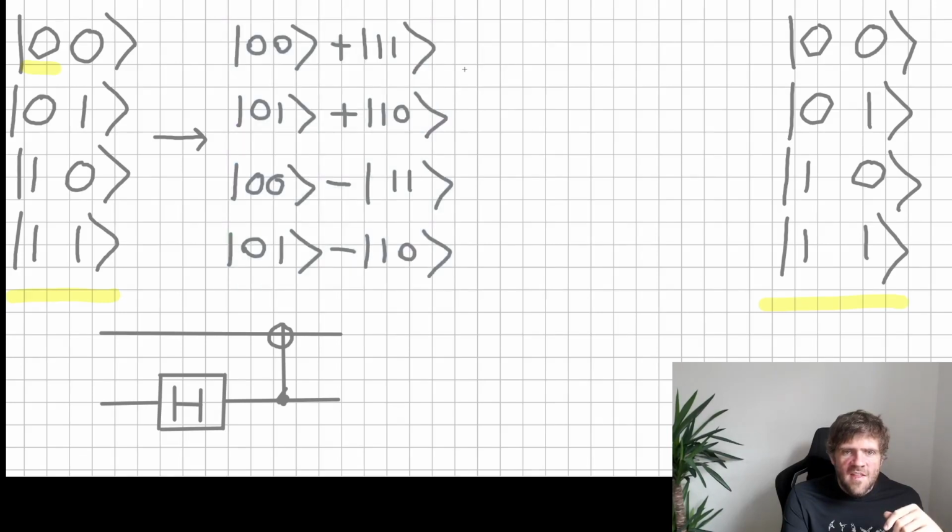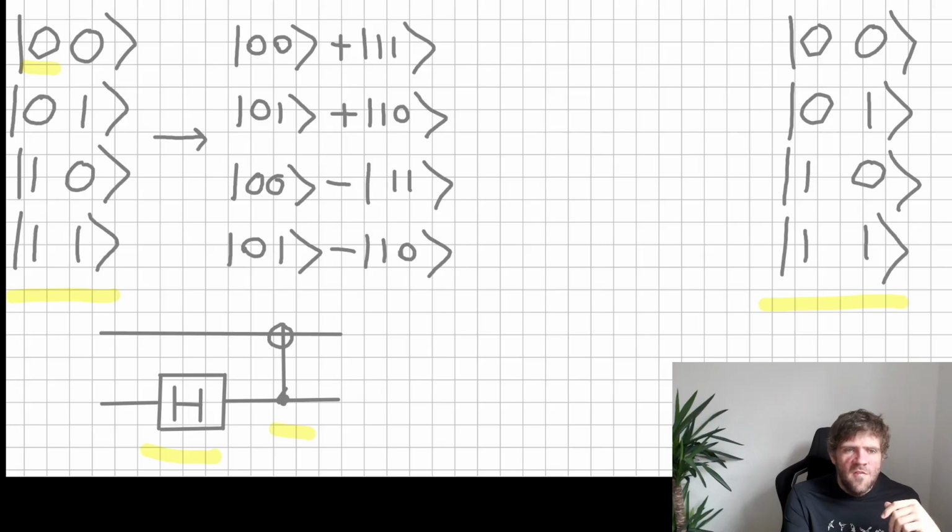Now we can send this entangled state to our receiver and they get an entangled state, which is more fun than getting an unentangled state, right? So that's cool. Now let's suppose we apply the inverse of this circuit. So instead of applying first the Hadamard, then the controlled NOT, we apply the controlled NOT and then the Hadamard.